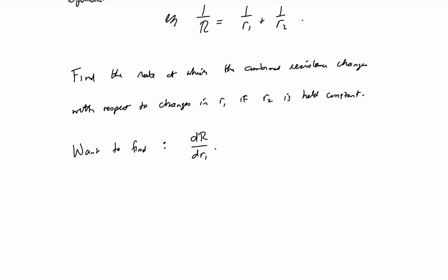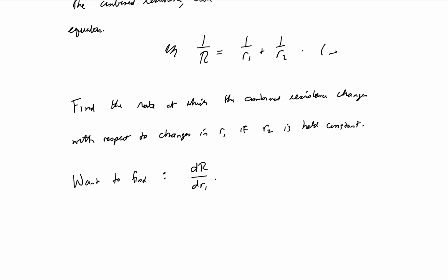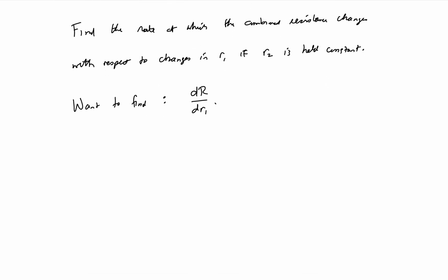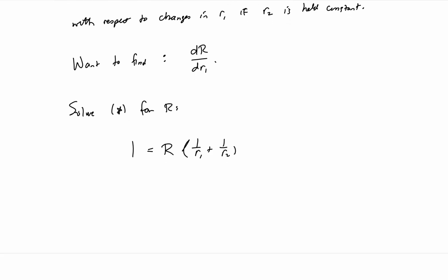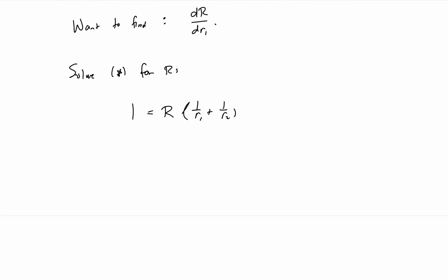So to do this, I need to rewrite this equation here, star. We need to solve that for R. So what I can do is multiply both sides by R to get this equation, and then divide both sides by the 1 over R1 plus 1 over R2. So I get R is equal to 1 over 1 over R1 plus 1 over R2.